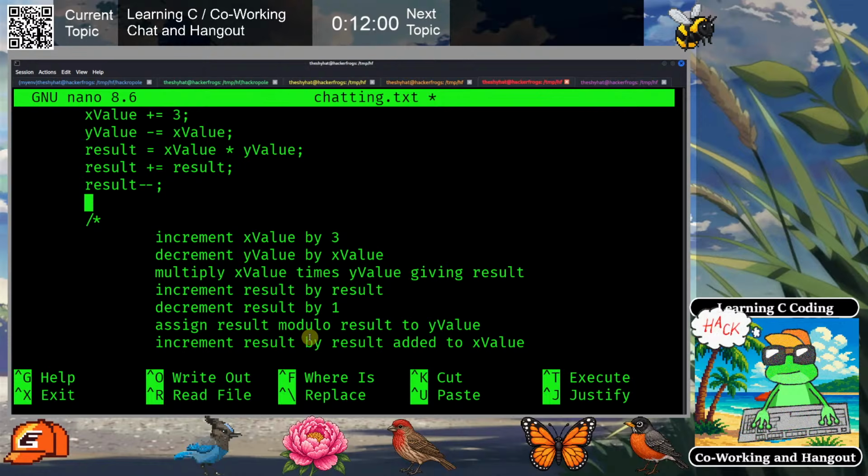Assign result modulo result to Y value. So Y value equals result modulo result, which results in 0.